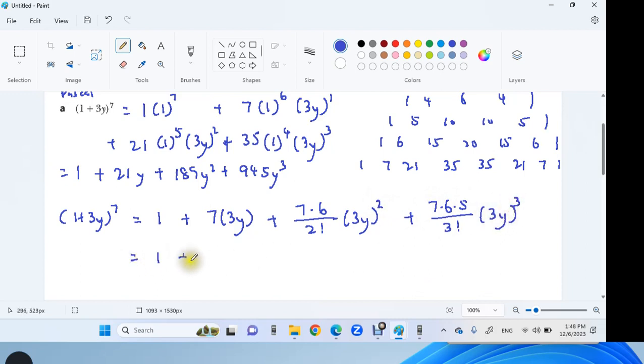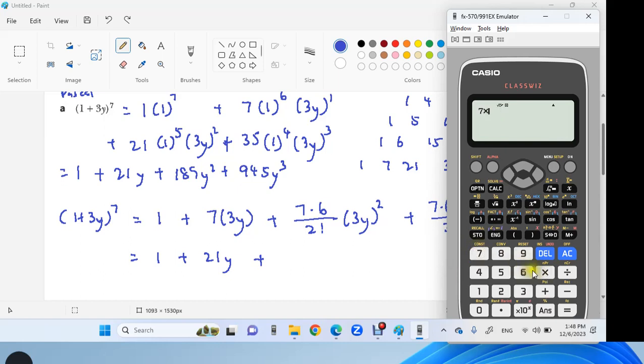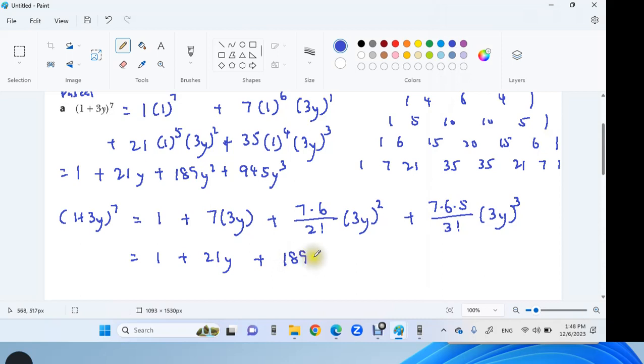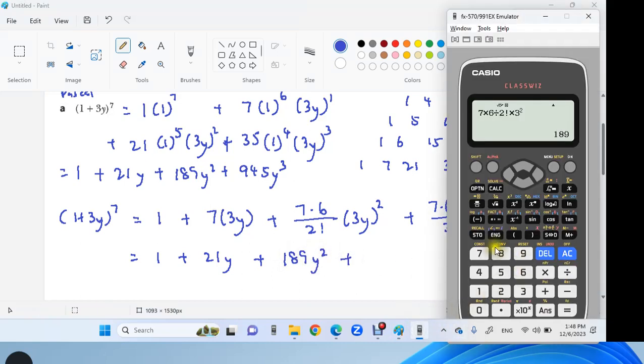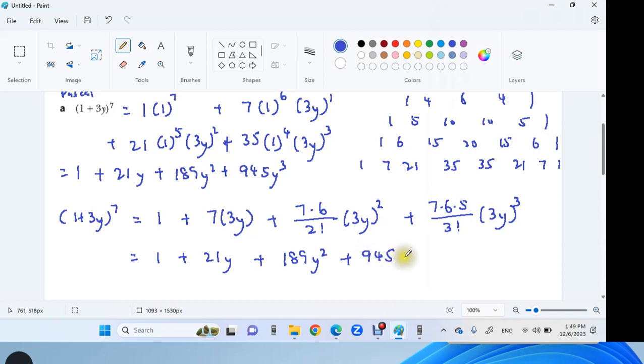So it will become 1 plus 21y plus, this one will be 7 times 6 divided by 2 factorial and then multiply with 3 squared, 189y squared. This will be 7 times 6 times 5 divided by 3 factorial multiplied with 3 to the power 3, 945. This is 945y to the power 3.